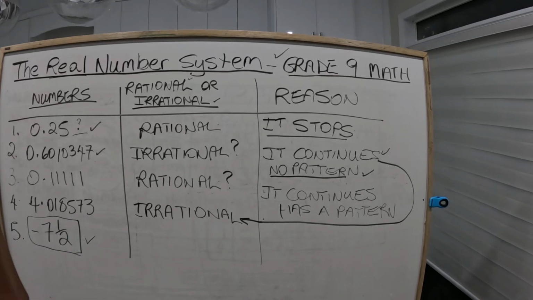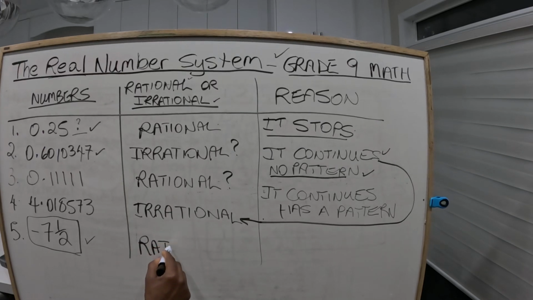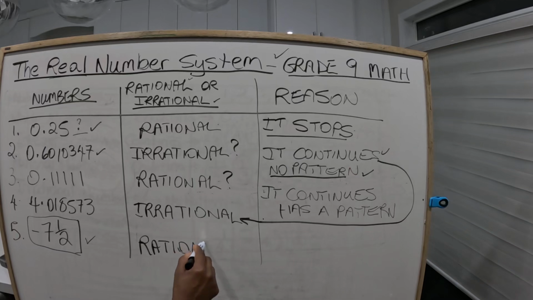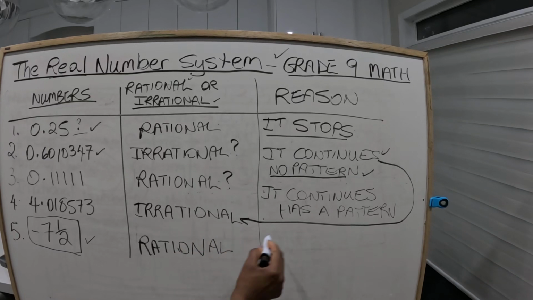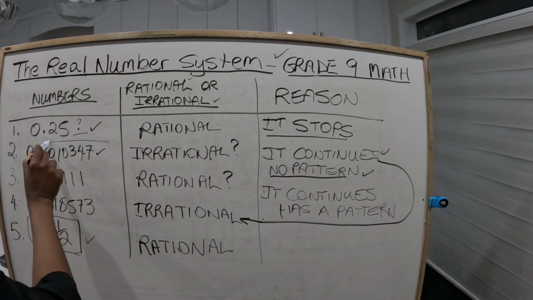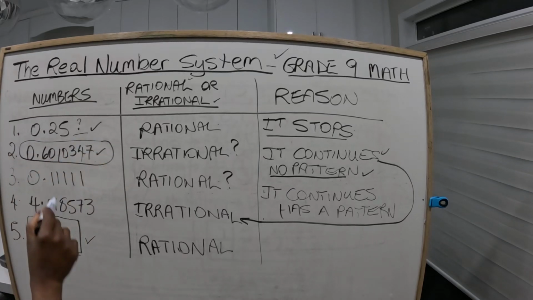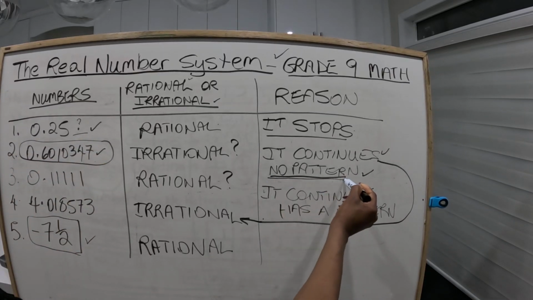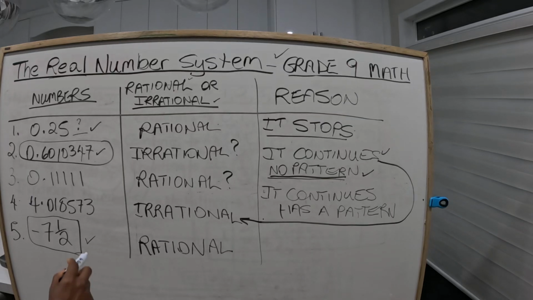So if it's a fraction, that means it must be a rational number, because that's what we said first. A rational number can be written as a fraction. These kinds of numbers can't be written as a fraction because it continues and there's no pattern. So any fraction must be a rational number. No matter what it looks like, it must be a rational number.